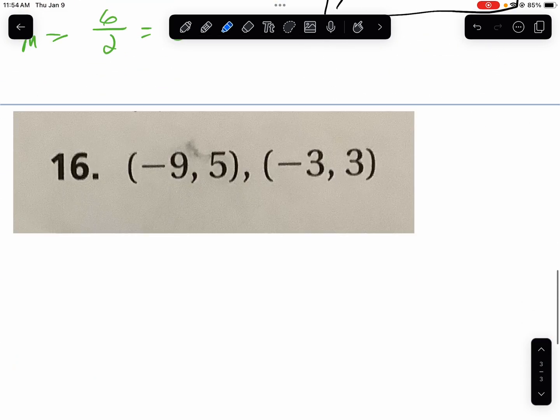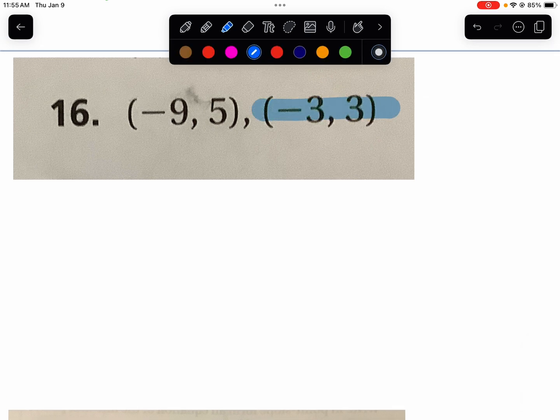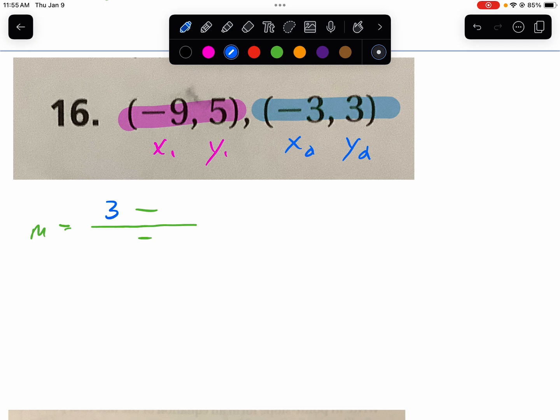So we're talking 2 different points. We know we're going to have to find that slope first. So let's go x1, y1, x2, y2. We're going to find the slope, which means we're plugging in y2, x2 minus y1, x1.